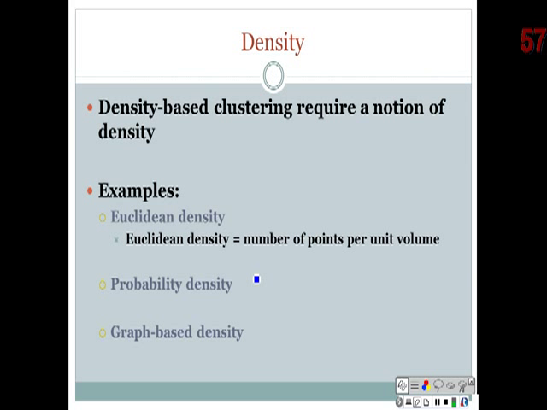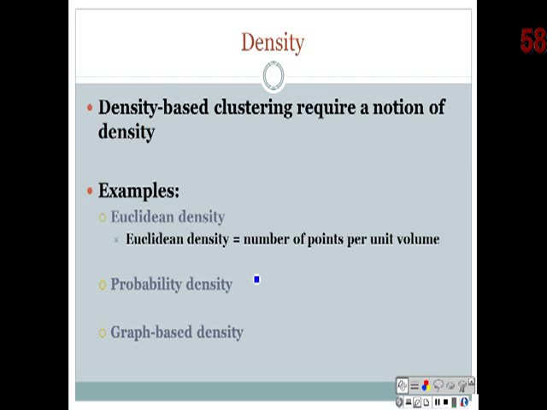Density-based clustering requires a notion of density, and we're going to see it more also in the clustering. When we talk about the Euclidean density, it means the number of points per unit volume, so how many points I really have in my data.